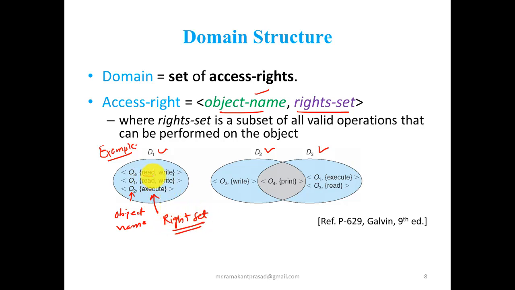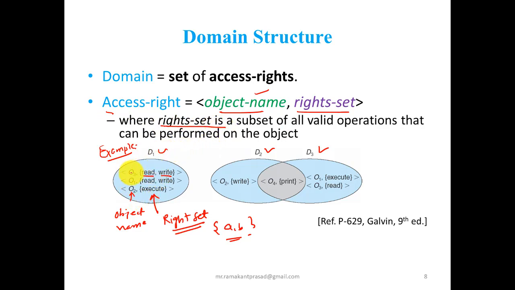The right set here is read and write. There are two modes here, read mode and write mode, and they are within the set. Set means curly braces. So read and write are under a set called the right set.